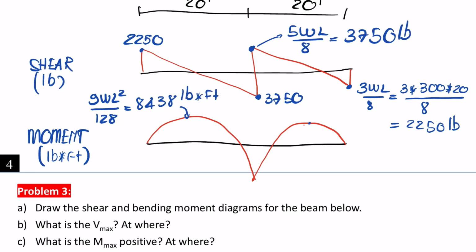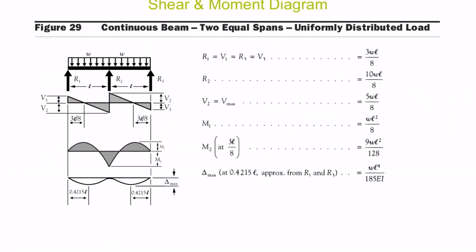Similar to that, this one also equals 1438. Okay. Now let's check the value over here. This value we equal to M1, and M1 equals WL squared divided by 8.